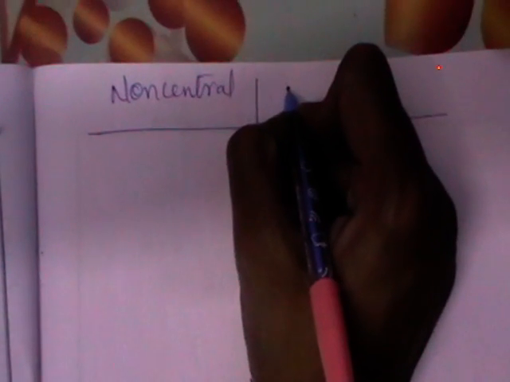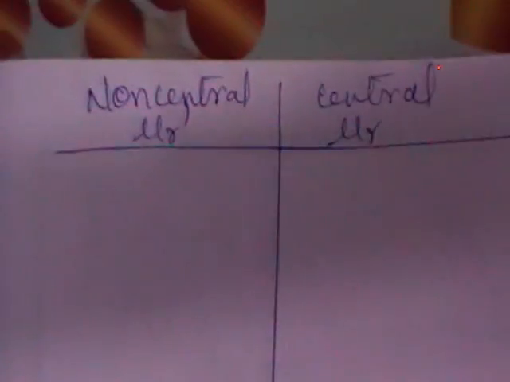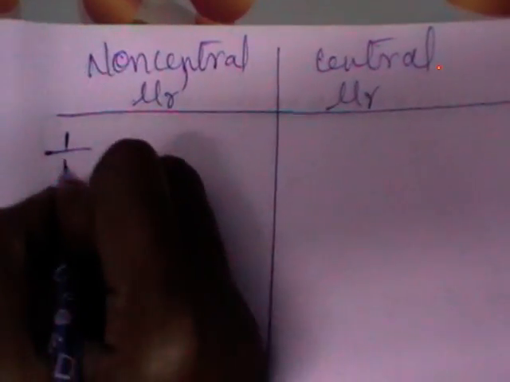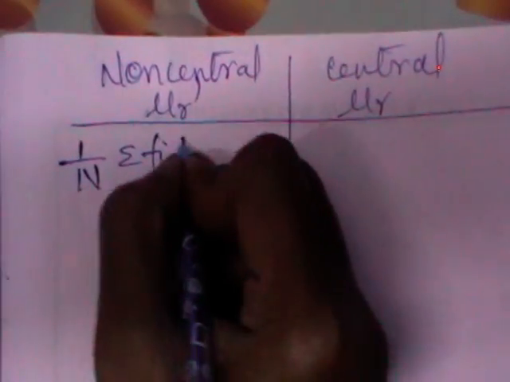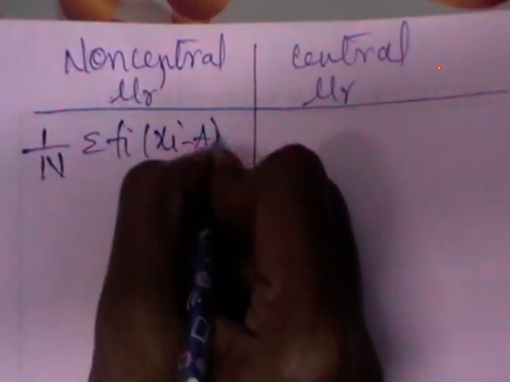So from these two derivations, I'll repeat. We have two types of moments. These are very important, not only for this semester, the entire second semester is also dependent on these moments. Non-central we write with mu r dash, central we write with mu r. The non-central formula is 1 by n sigma fi into xi minus a whole power r.